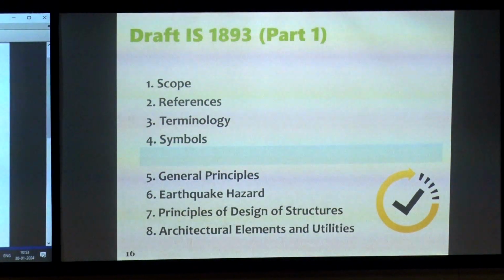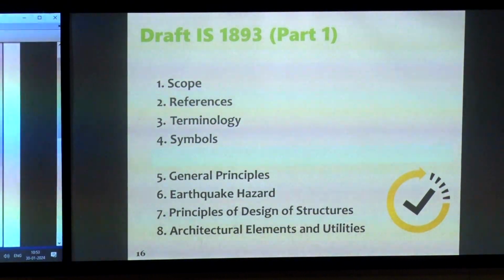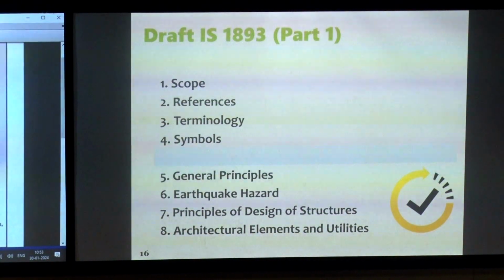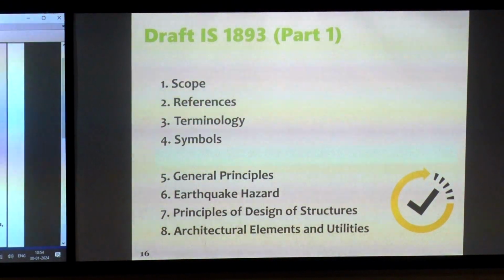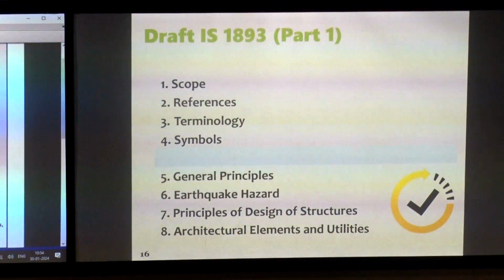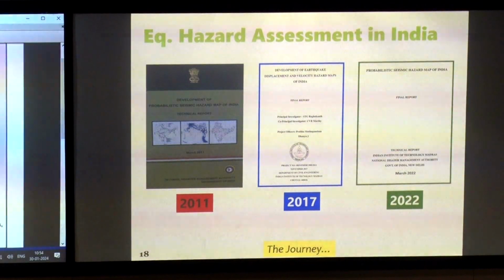So therefore, this revision is coming up, and these are the different parts of IS 1893 Part 1 that are going to be there. And I'm going to focus on item number 6, which is the earthquake hazard, which is the major part. So what is the major change? The major change is in the hazard and the way the hazard is estimated.